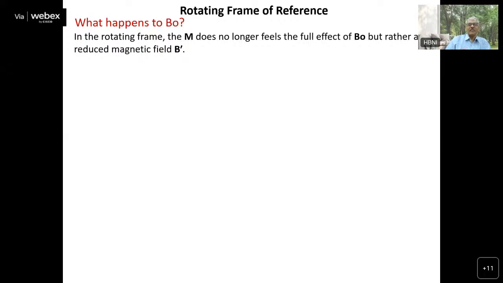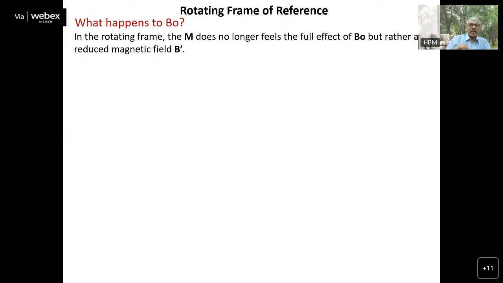Let us say initially your precessional frequency was omega 0. Now your frame is also rotating at the same frequency, so with respect to this rotating frame your precessional frequency will be 0. That tells us there is no effect of B0, because the precessional frequency becomes 0, which means the effect of B0 is nullified.